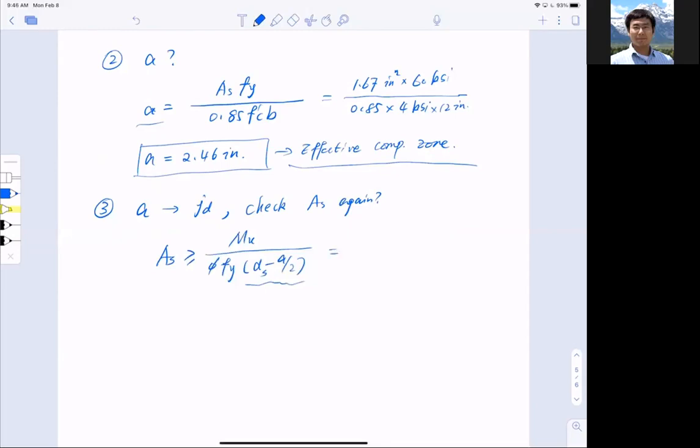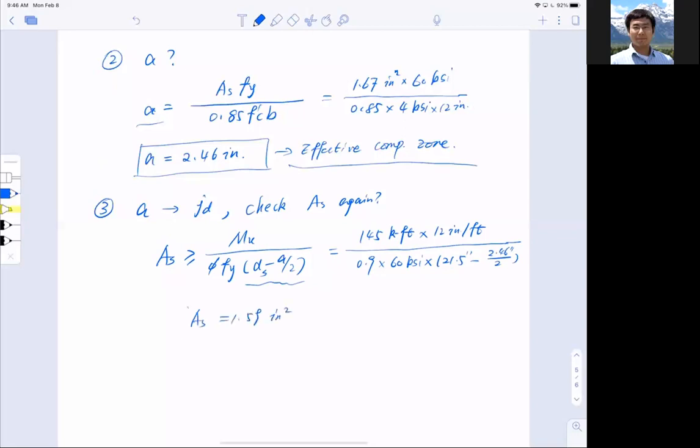So this is 145 kip-foot, and I just come back to kip inches, as long as top and bottom are consistent. So 60 ksi multiplied by 21.5 inch minus half A. Half A is 2.46 divided by 2, which is 1.23. So the As now is 1.59 inch squared.